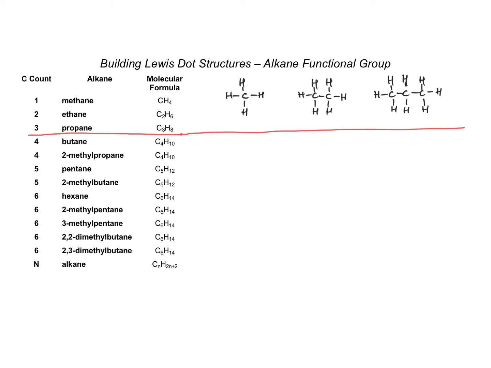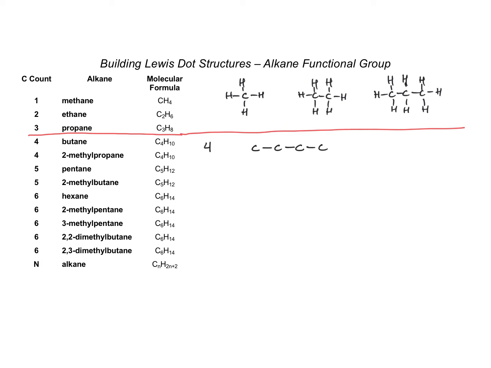So what I want to do is now show you a way of drawing isomers. These compounds are called isomers because they have the same molecular formula, but they have different connectivity. Now the way we're going to do this, to be very logical, we're going to start with this 4. I'm going to write the number 4 there. Now I'm going to write all the carbon atoms out in a chain. 1, 2, 3, 4.